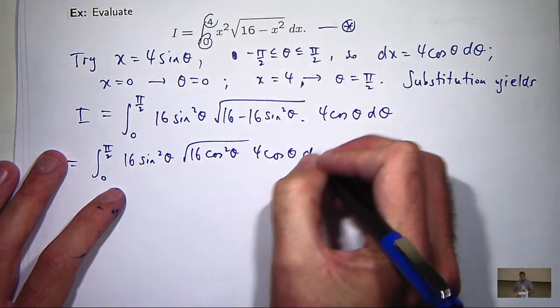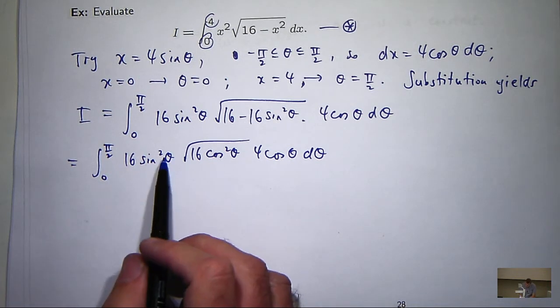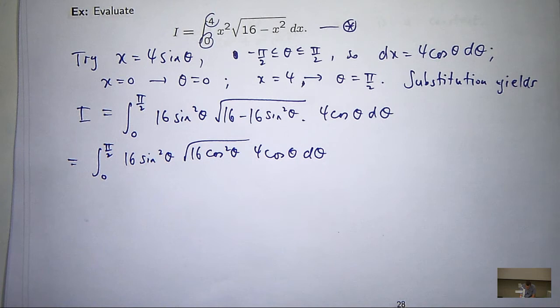All right, so now I can eliminate that square root sign, and I'm going to get something like sine squared theta times 16 cos squared theta, right?